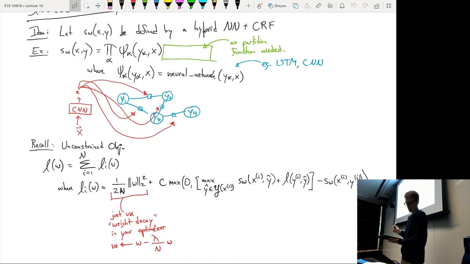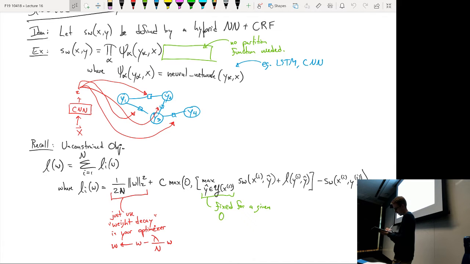Okay, so now the next thing to notice is that this, where we have a maximization over y hat, is essentially fixed for a given W and i.